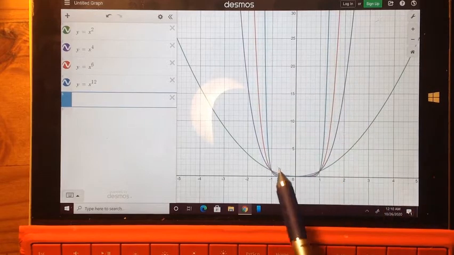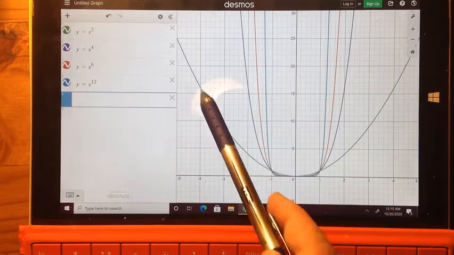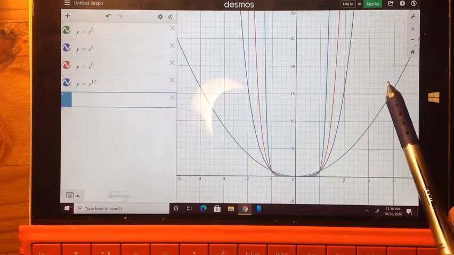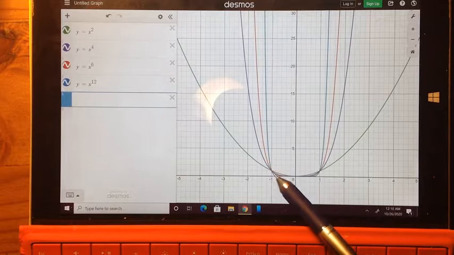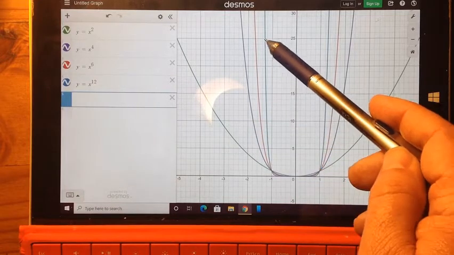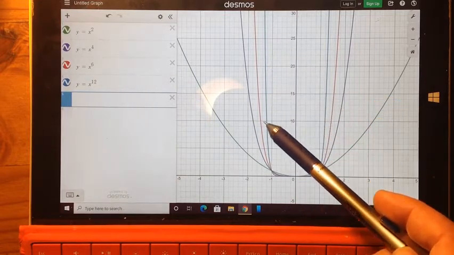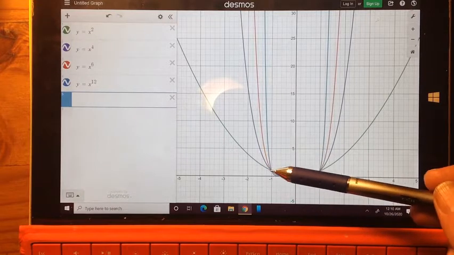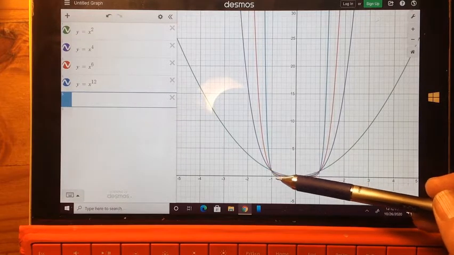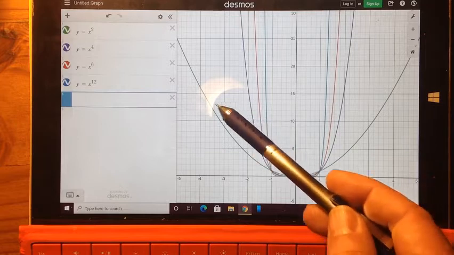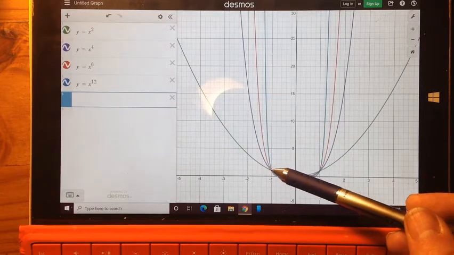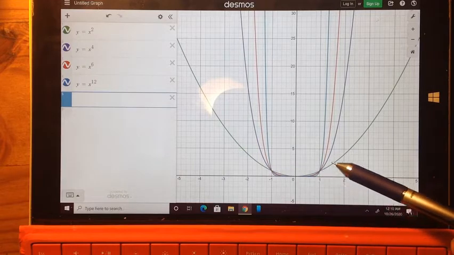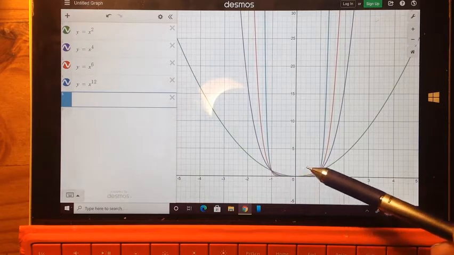As the numbers go up, they get thinner, and down at the bottom it gets a little bit squarer looking, so that this blue one, which is x to the 12th, comes down and it's on the outside. When you get down in here, it is on the outside, whereas this green one, which is x squared, is the innermost line going through between -1 and +1.